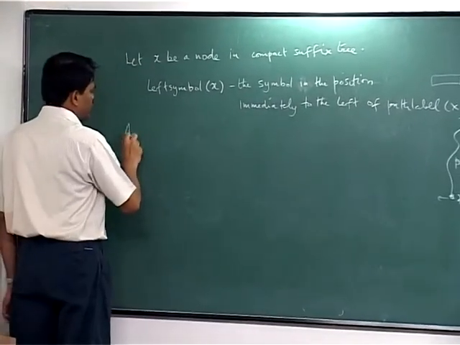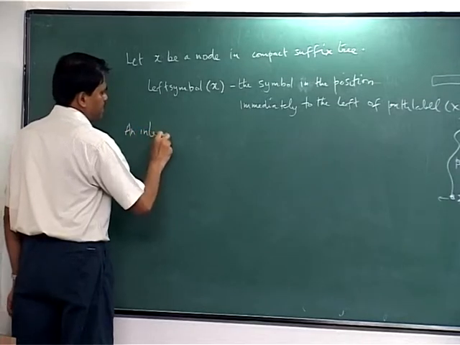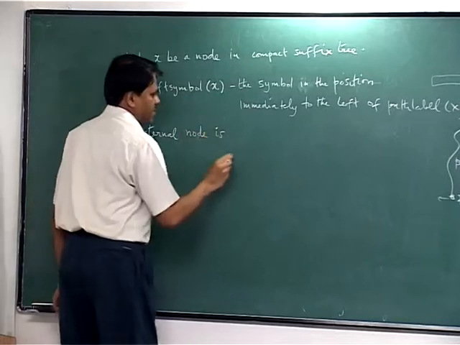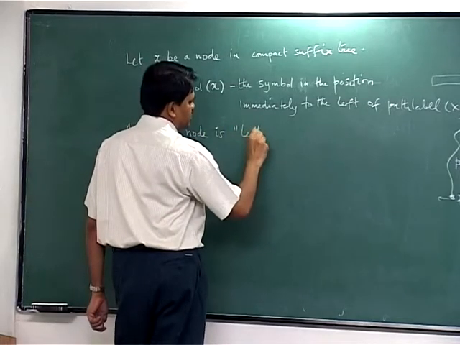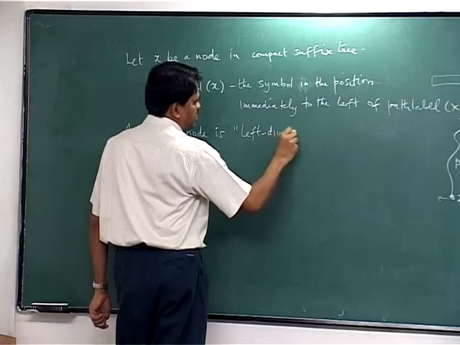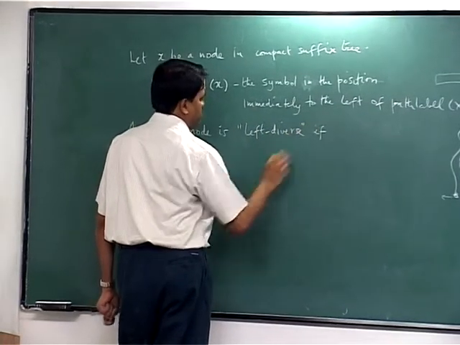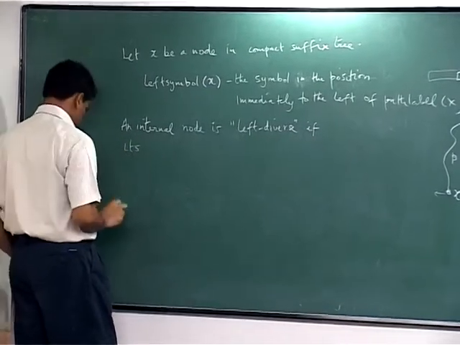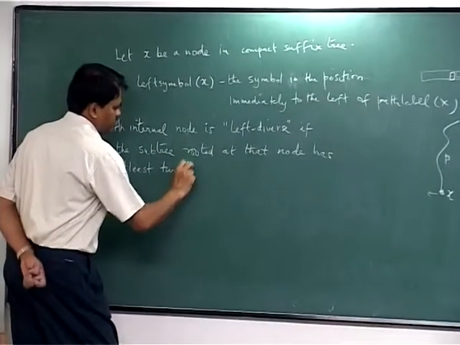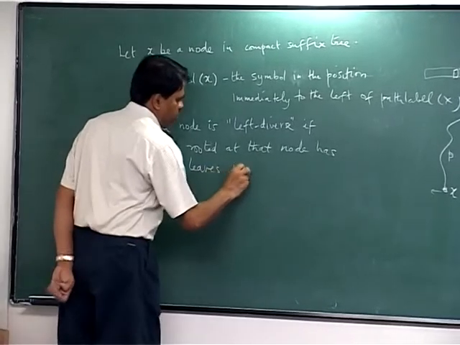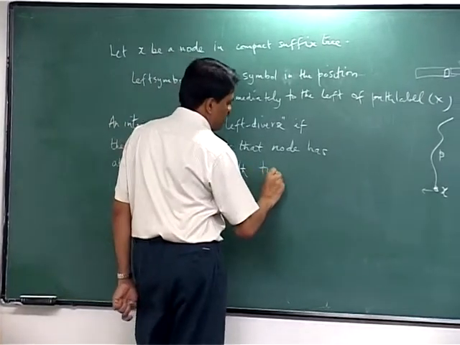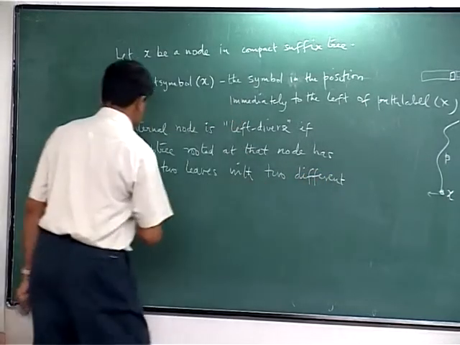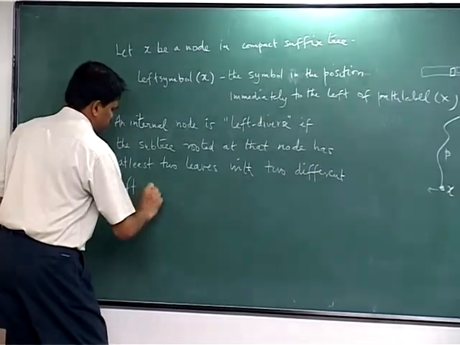Okay, and an internal node is left diverse if its subtree has leaves with two different left symbols.